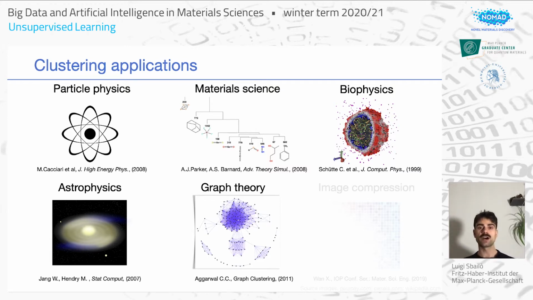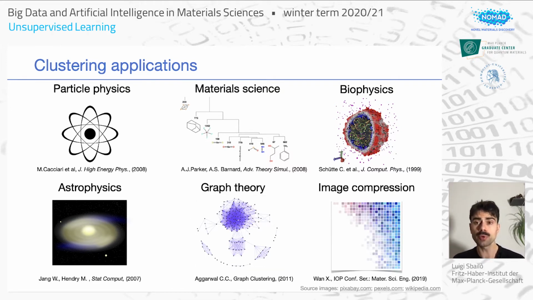Clustering is used to find users, individuals, who behave in a similar manner. Clustering is also used in more applied engineering fields, as in image compression. You have a very high resolution picture, and you might want to make some image compression, and clustering can be used for this purpose.